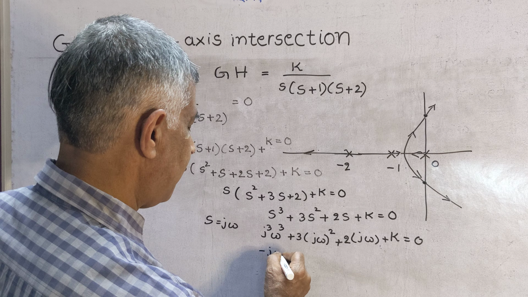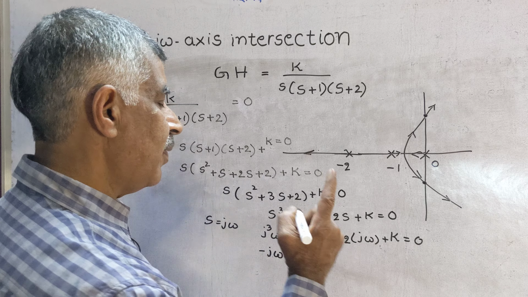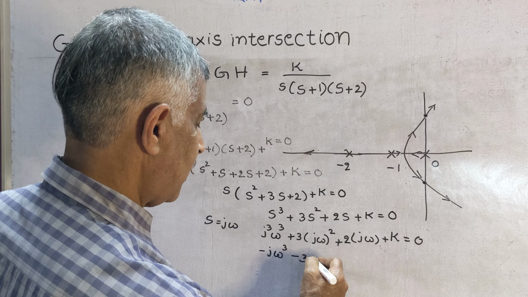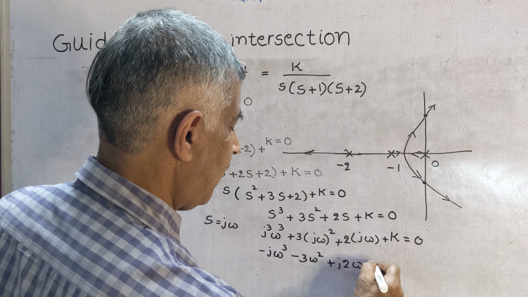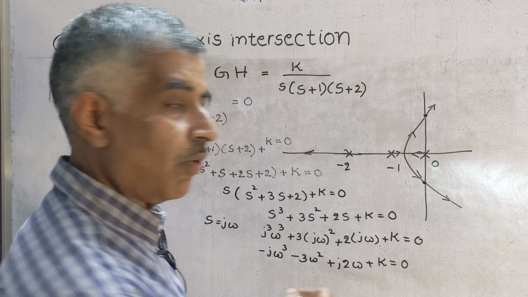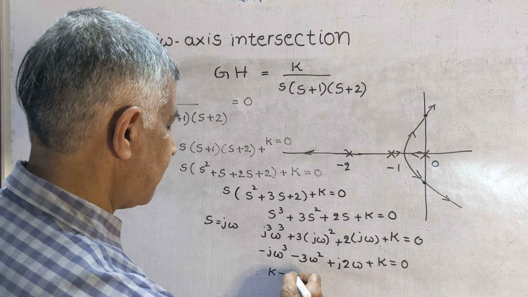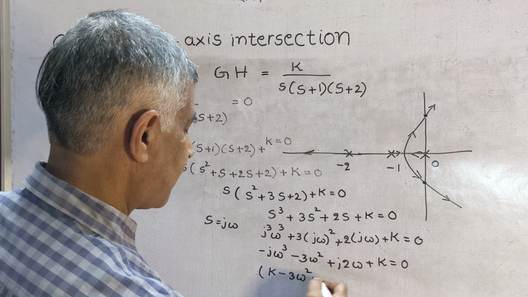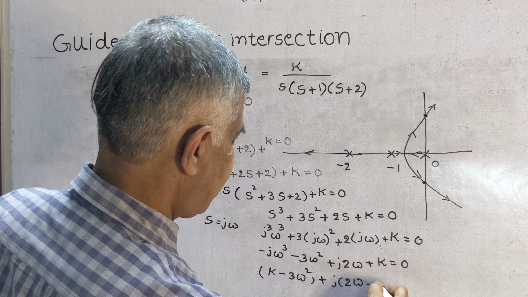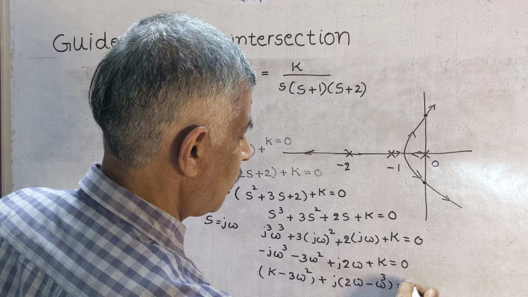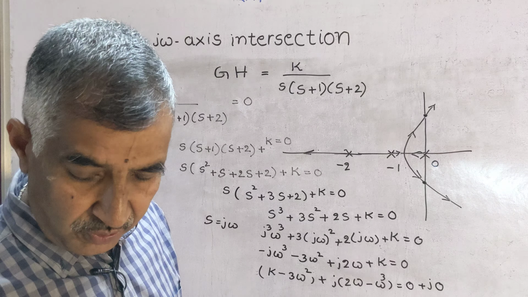Therefore, minus j omega cube, and minus 3 omega square, plus j 2 omega plus k equal to 0. Now separate real parts and imaginary parts. k minus 3 omega square plus j (2 omega minus omega cube) equal to 0 plus j0.